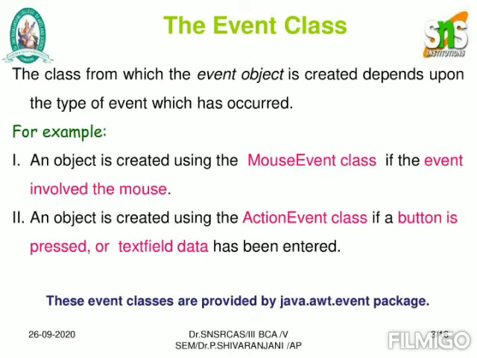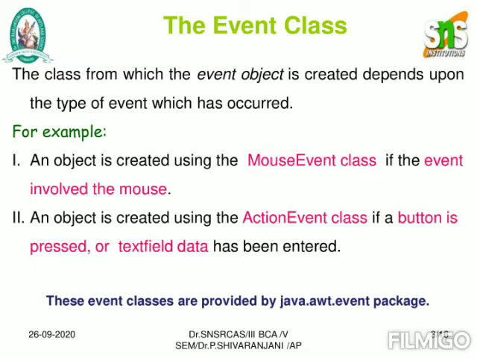The next important thing is the event class. The class from which the event object is created depends upon the type of event which has occurred. For example, if an object is created using the MouseEvent class, then the event was done with a mouse.